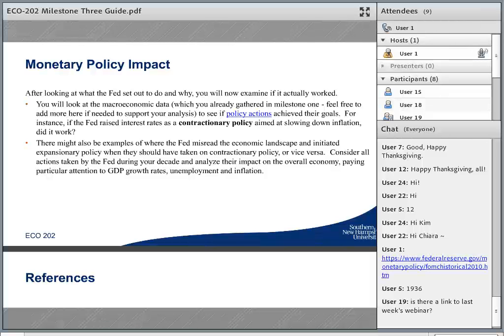Just like with fiscal policy, it's possible for the Federal Reserve to misread the situation, to not have good timing, or to just not have a strong enough response. So sometimes the situation is more extreme and the policy response is not big enough to combat the thing that they're trying to control in the economy.